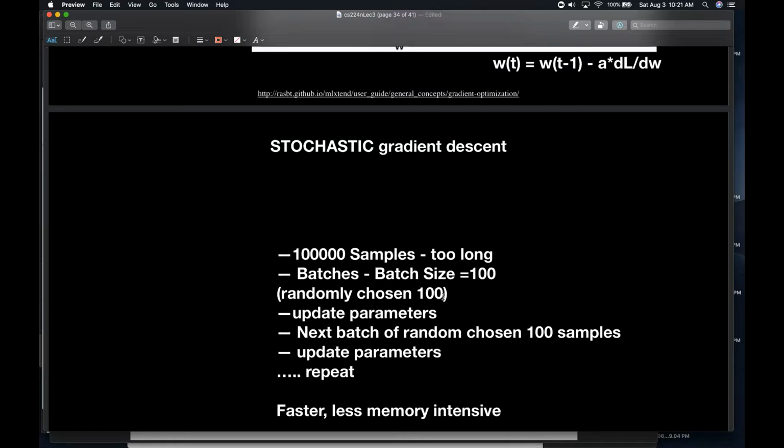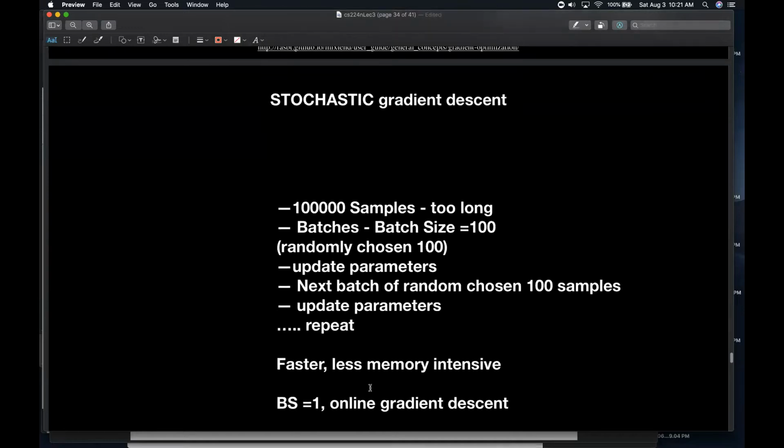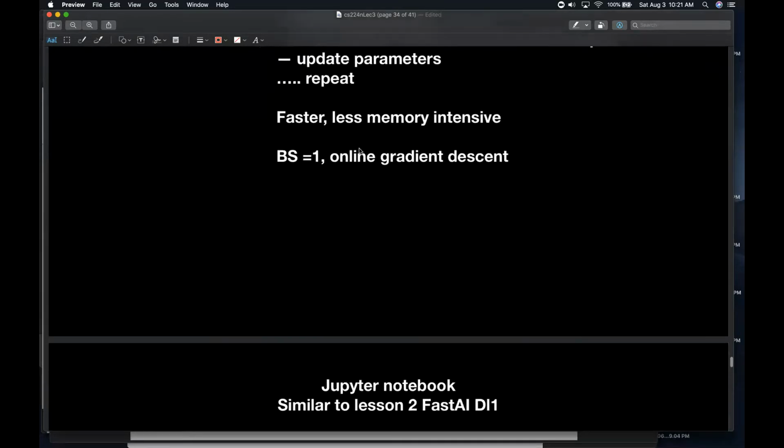And once you finish this with the first batch, you randomly choose another set of samples, go back and update these parameters, and then you repeat this. One epoch would be going through all these batches, and then you can do multiple epochs after that. So this is faster, less memory intensive, and that's the understanding behind what the stochastic does there.